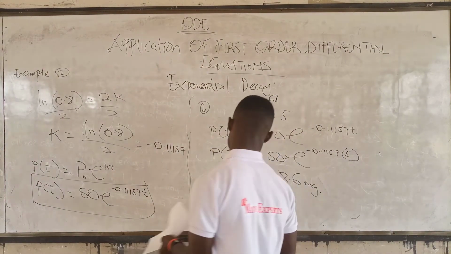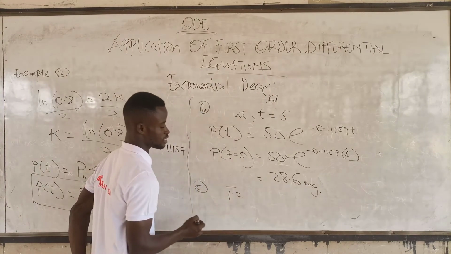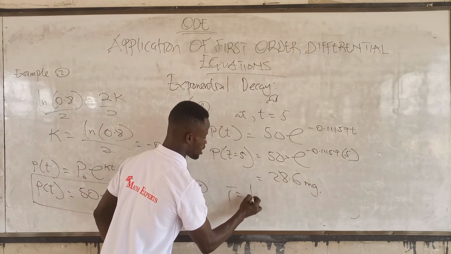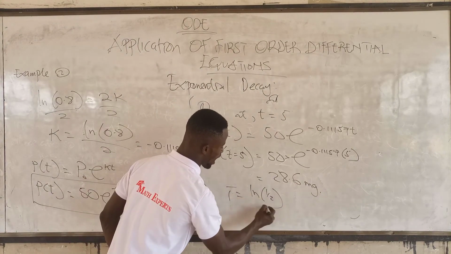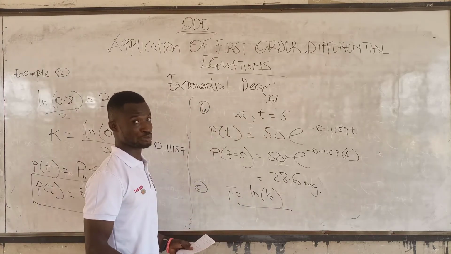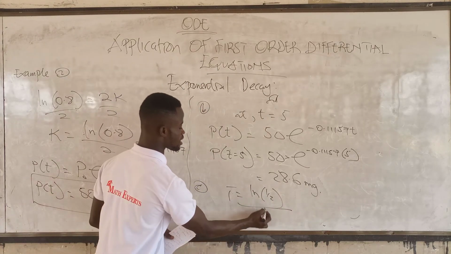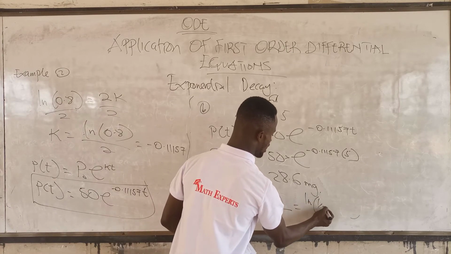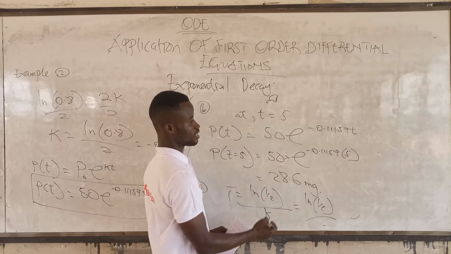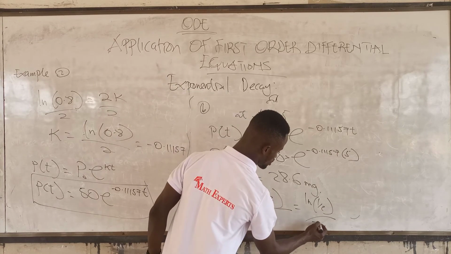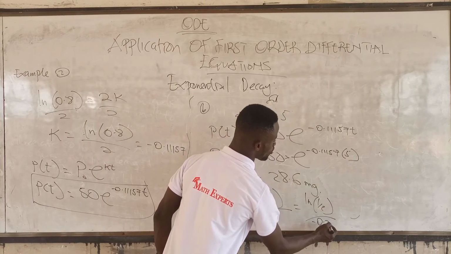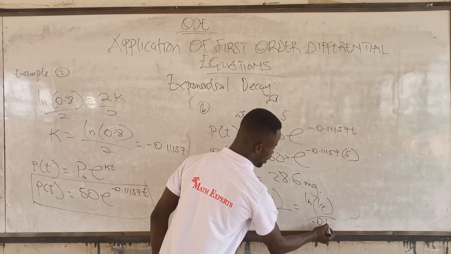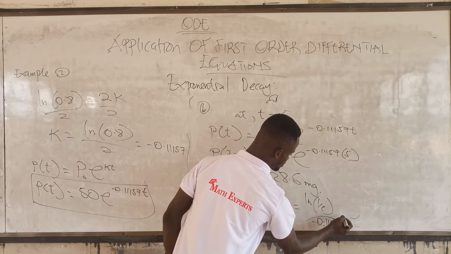And that is going to be half-life T is equal to ln half over K. This is a short method. So that's going to be ln half over, what is K? The K is negative 0.11157.